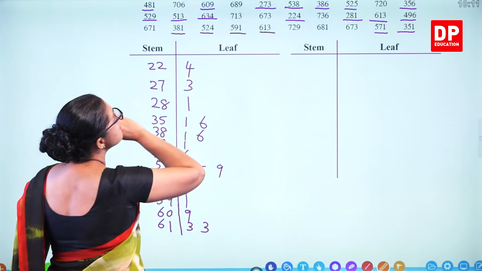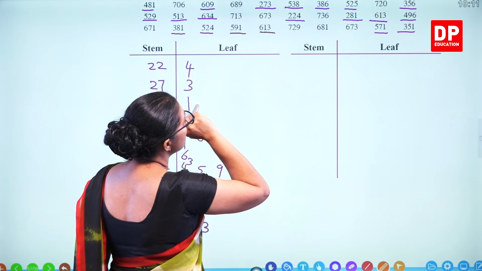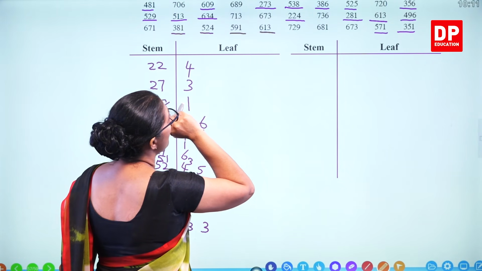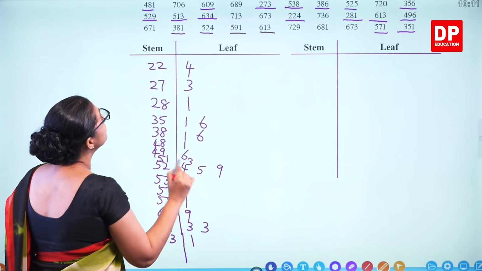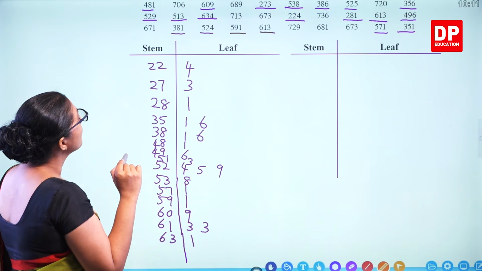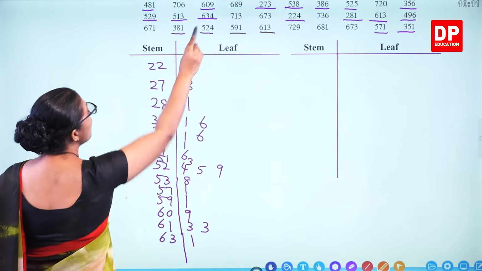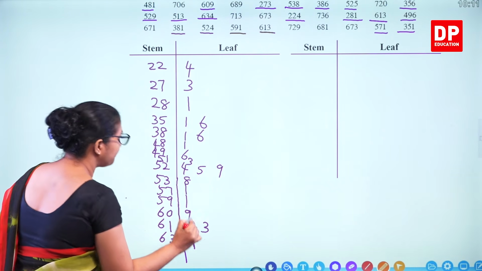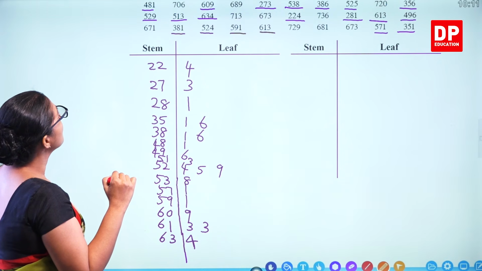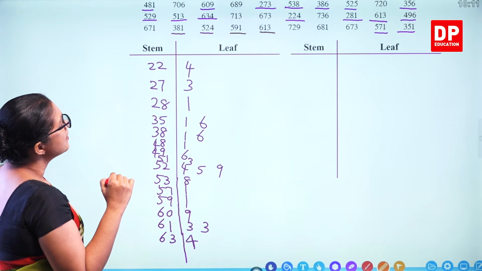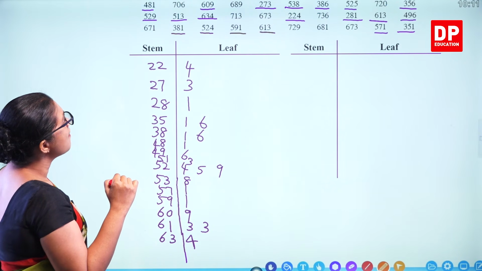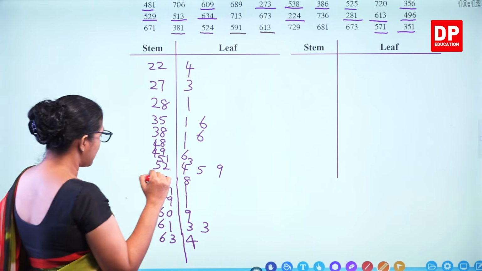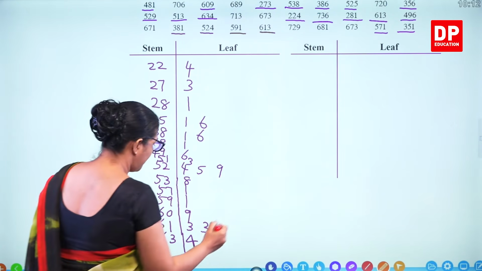I can see 63, one number. 63 with 4, not 1. Then 67 I can see. Here 63 with 6 also there.